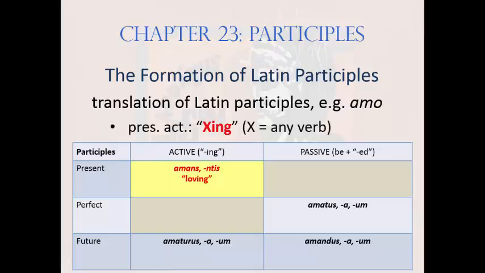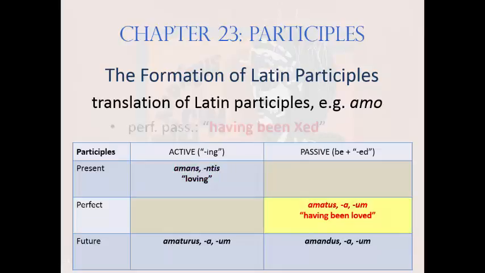Amans, amantis, for example, means literally loving. Remember that Latin nt plus third declension endings equals English ing. As we've already learned, amatus, a, um means having been loved. Never an ingredient in a silky smooth English translation, but having been whatevered will rarely lead you astray.